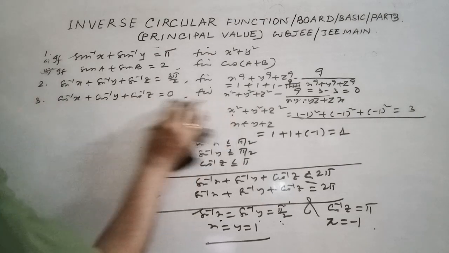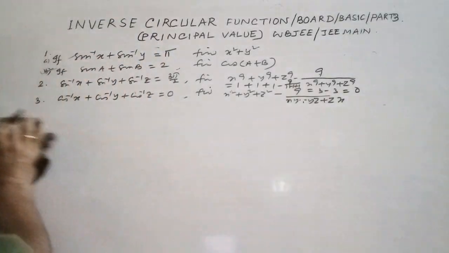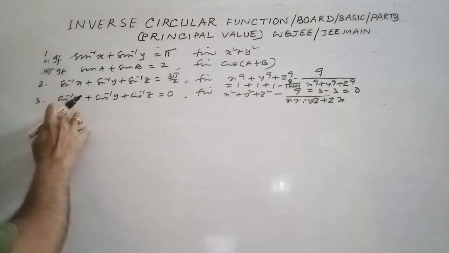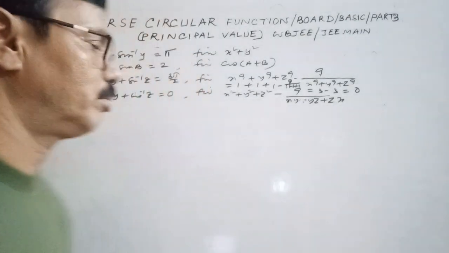Now problem number 3. It is not discussed. So this is 0, this is pi. So here we are not using the maximum value.